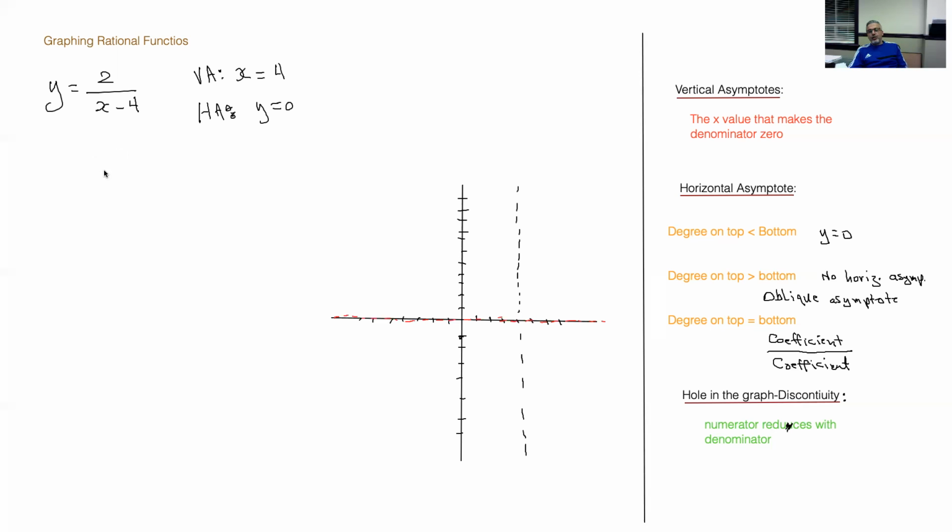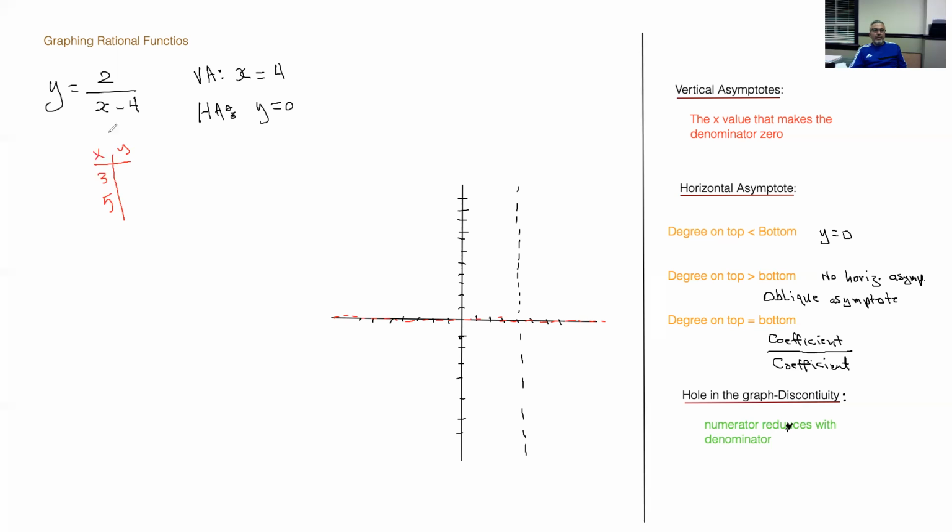Then it's sometimes good to do a table of values. So here, all you need to do for a table of values, x, y, is find out what's happening on this side of the vertical asymptote and on this side of the vertical asymptote. So let's say if I plug in 3, which is on the left side of the vertical asymptote, and then I'll plug in 5, which is on the right side of the vertical asymptote.